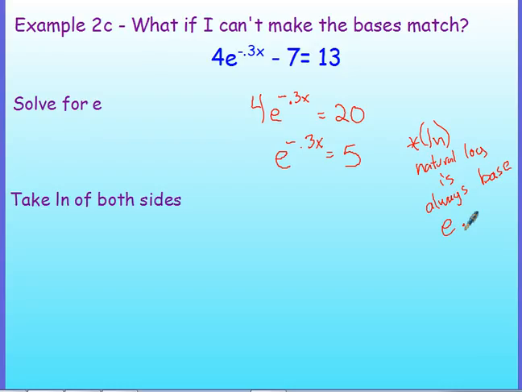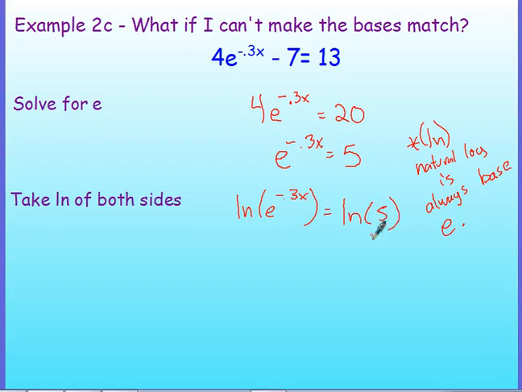So I'm not going to take a logarithm of e. You will get the same answer, I promise. But the natural log and e, they're a couple. They always go together, okay? So I'm actually going to take the natural log of both sides, because remember, whatever I do to one side, I have to do to the other.